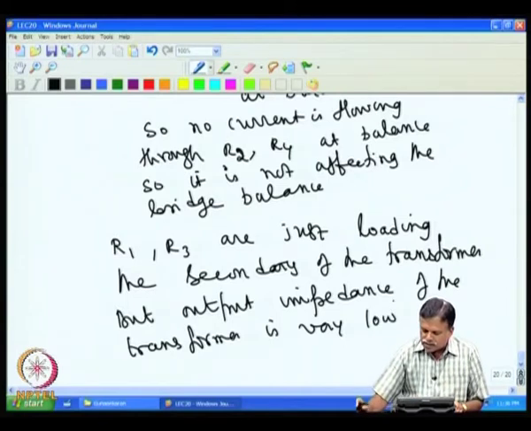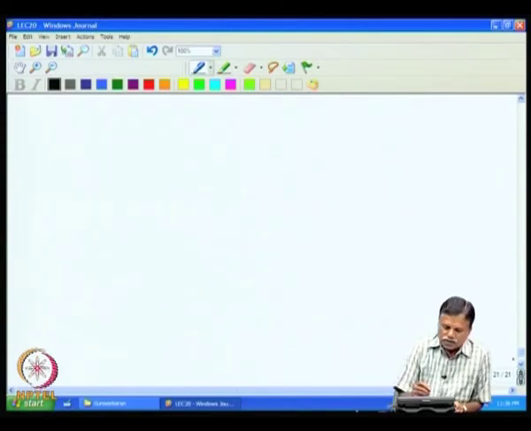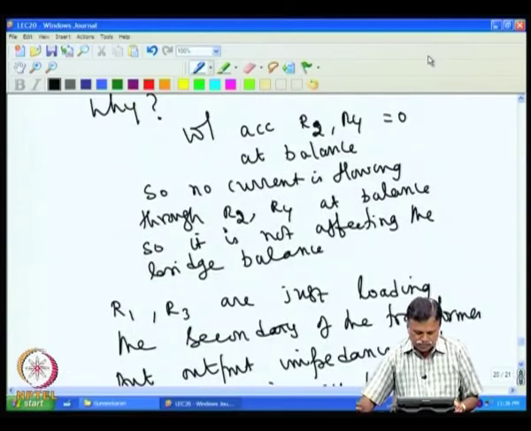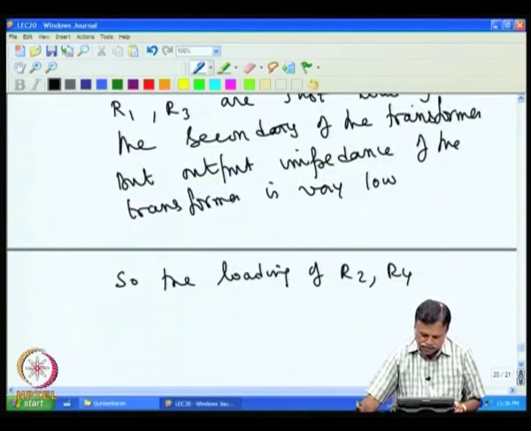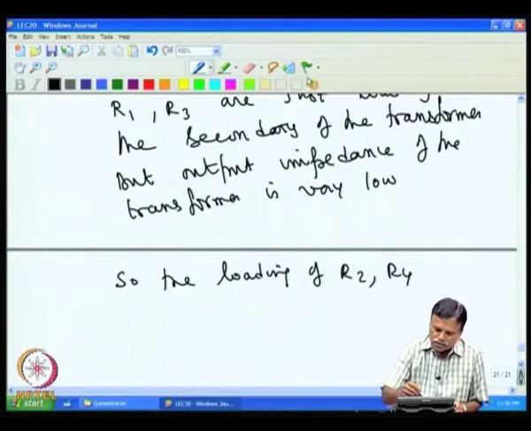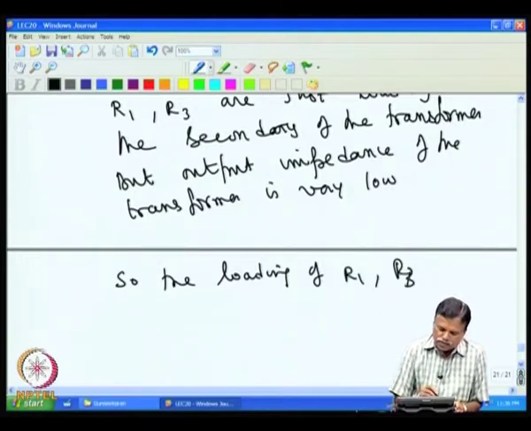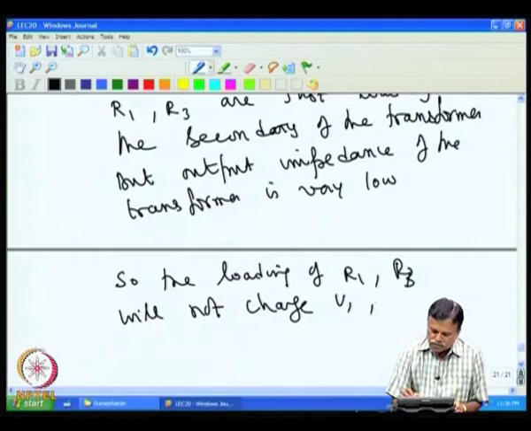So the loading of R1 comma R3 will not change V1 comma V2.